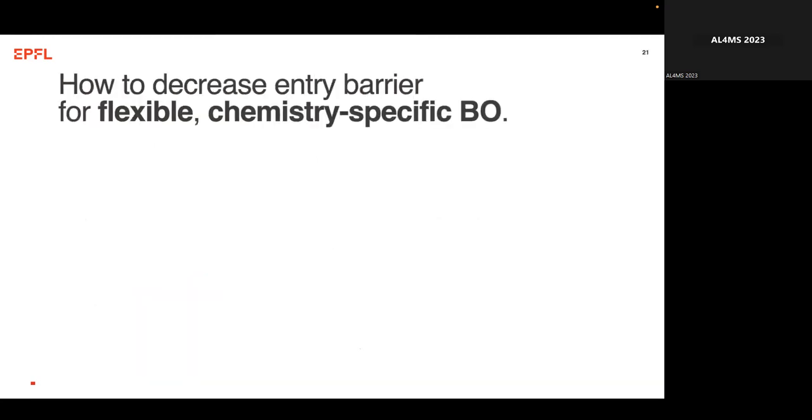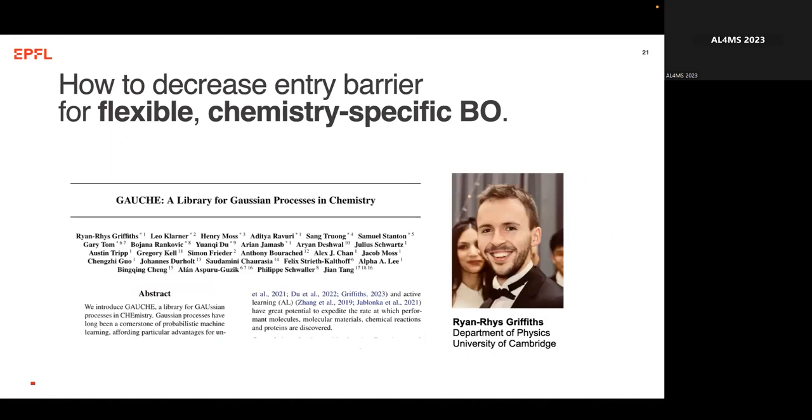But when we moved into this field, and my lab is not very old, that's why there are only some preliminary results, we wanted to decrease the entry barrier for flexible chemistry-specific Bayesian optimization. And we teamed up with Ryan, that you see here, who led the Gauche library for Gaussian processes in chemistry work.